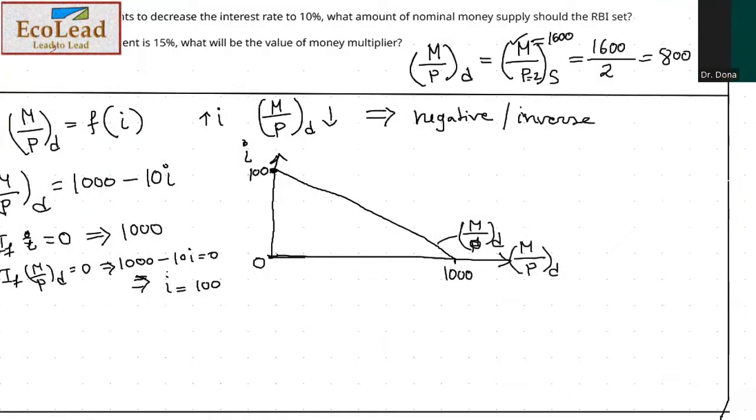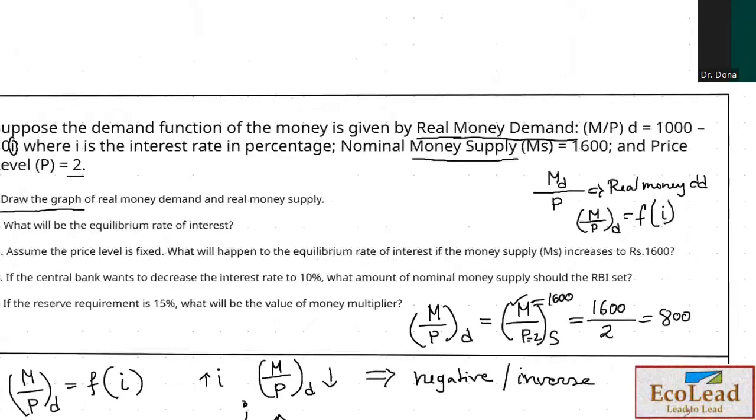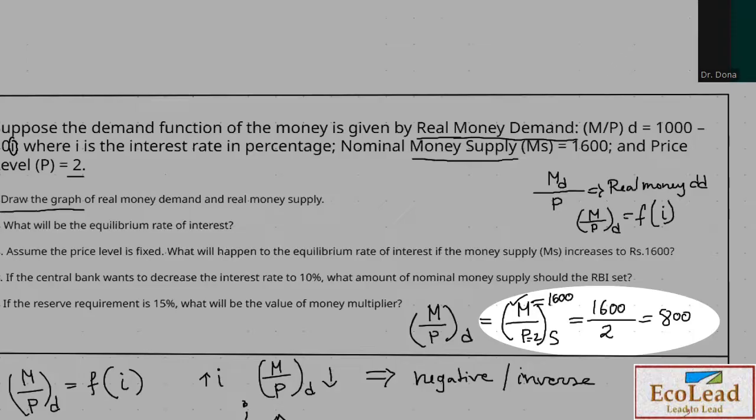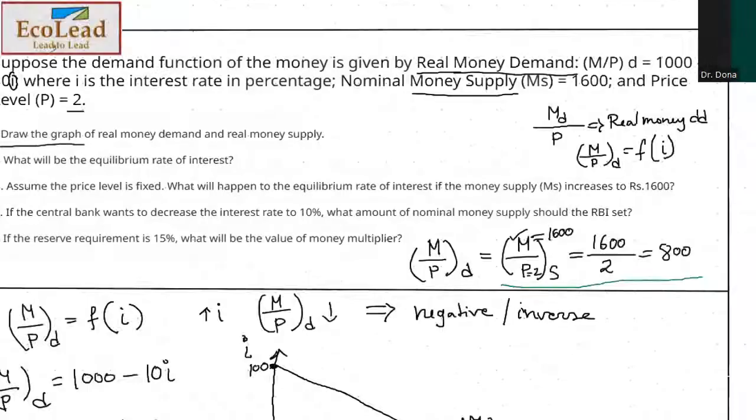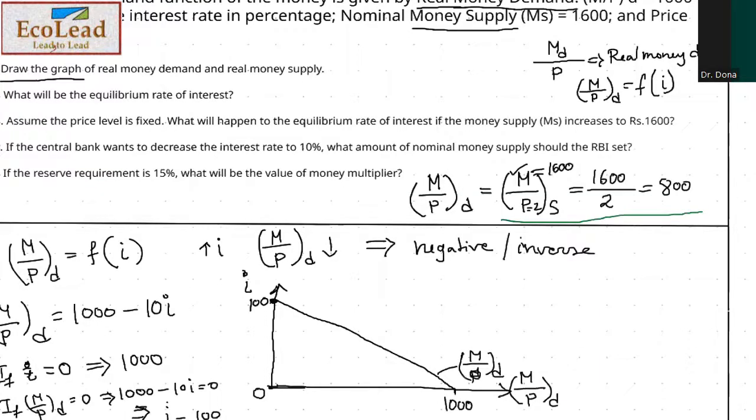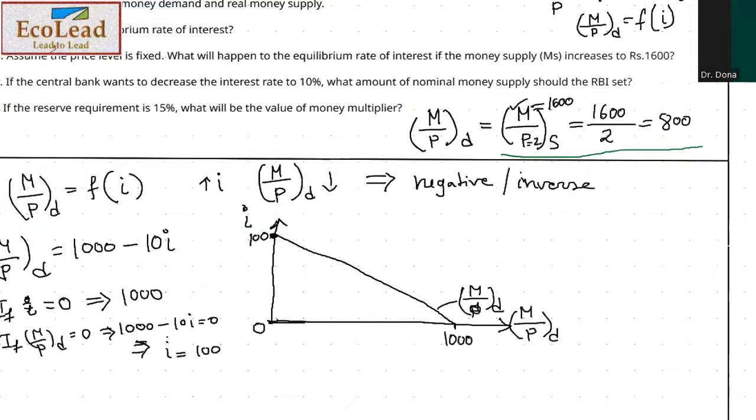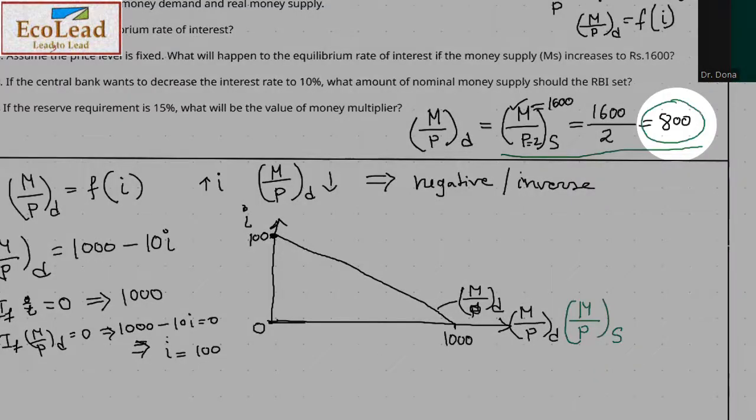Now we will draw the money supply curve. What is the money supply function? That is M/P, we have already derived it here. Money supply function, M/P s, so we will write here S. What is the money supply we already identified for the given price level? That is 800.